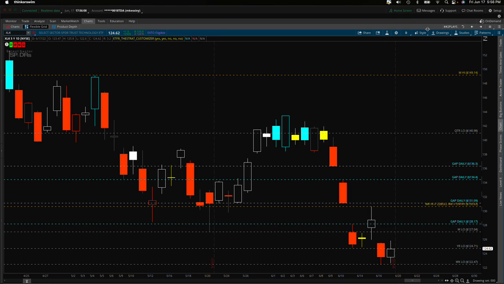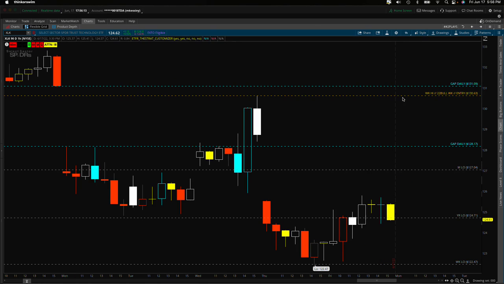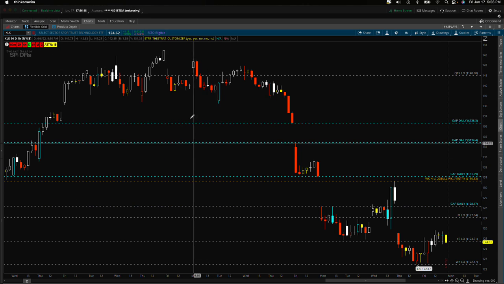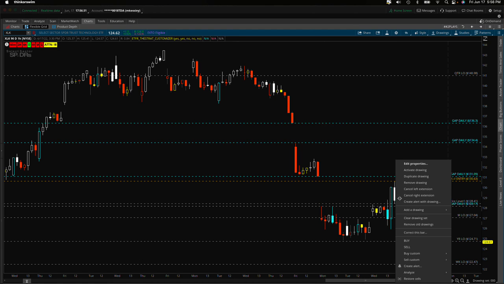All right, now let's look at the 1 hour chart. So if we zoom out a bit, we have this 1 hour gap that's the same as the daily gap. Then we come here and we see we have a different gap.